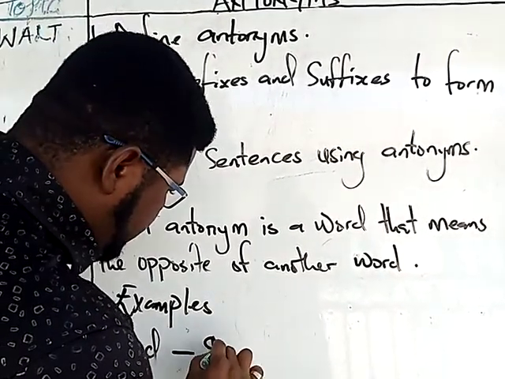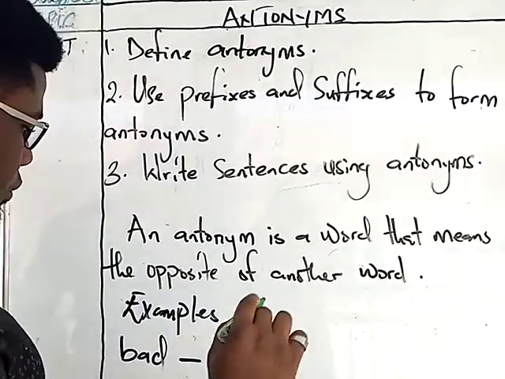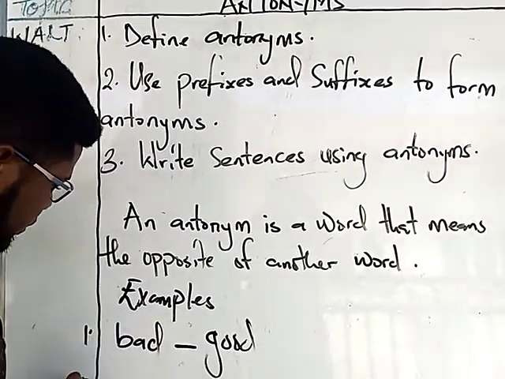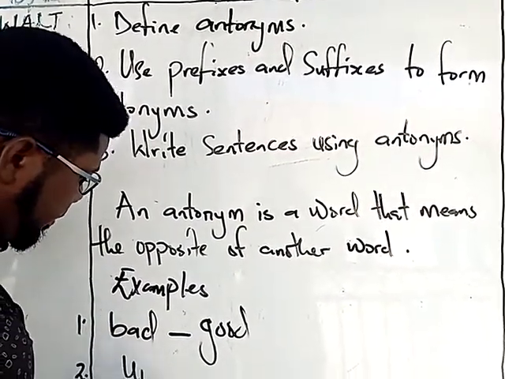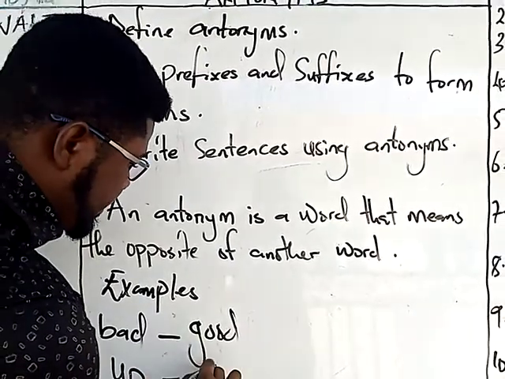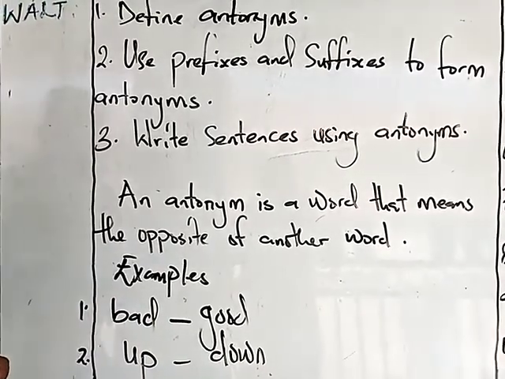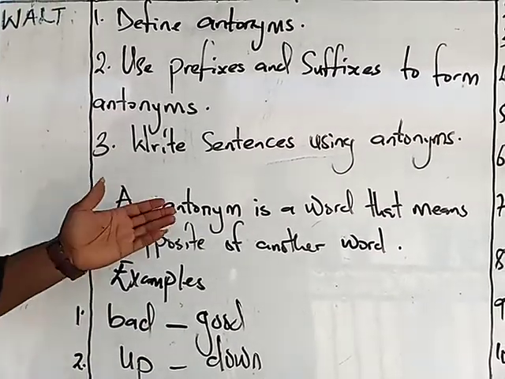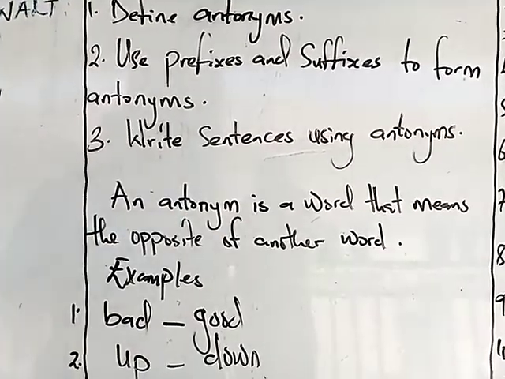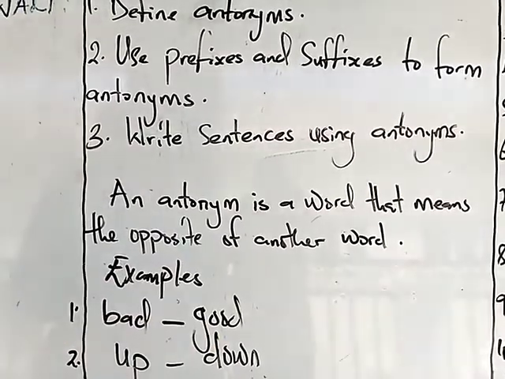Good. And in this example one, if we say up, the opposite of up is down. So we all now know that an antonym is the opposite of a particular word.